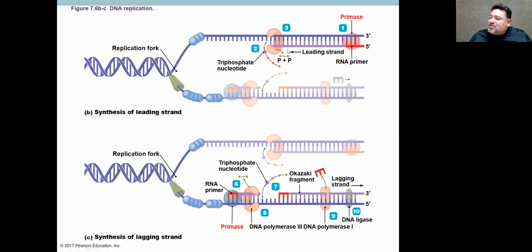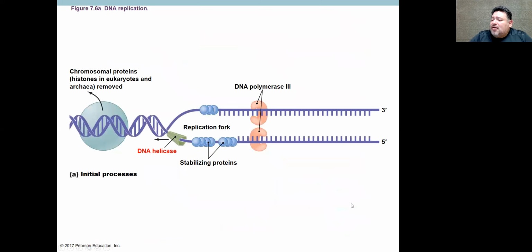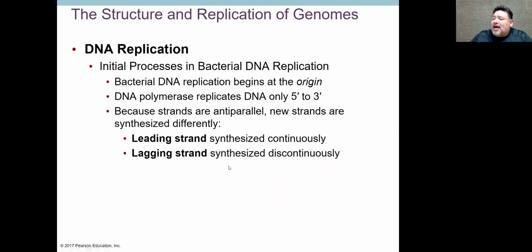So this side of the strand where the DNA is polymerized continuously, that is called the leading strand. This other side of the DNA, where it has to wait for the replication fork to open before the DNA polymerase can attach and make another strand of DNA, that's called the lagging strand because it has a tendency to fall behind and therefore lag, okay? So in every replication fork, you're going to have a leading strand and a lagging strand, okay? All right, so those are leading strand and lagging strand.